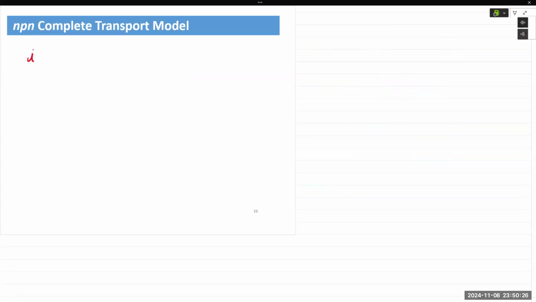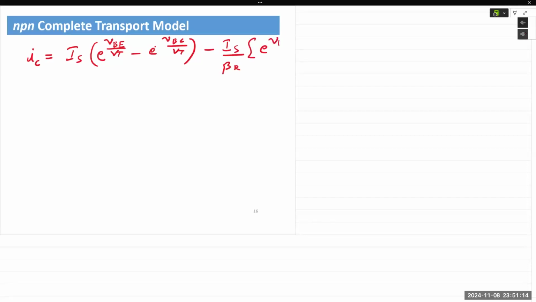So I can write IC is equal to IS times e raised to VBE over VT, minus e raised to VBC over VT, and this would be minus IS over the reverse current gain, beta R, times e raised to VBC over VT minus 1.